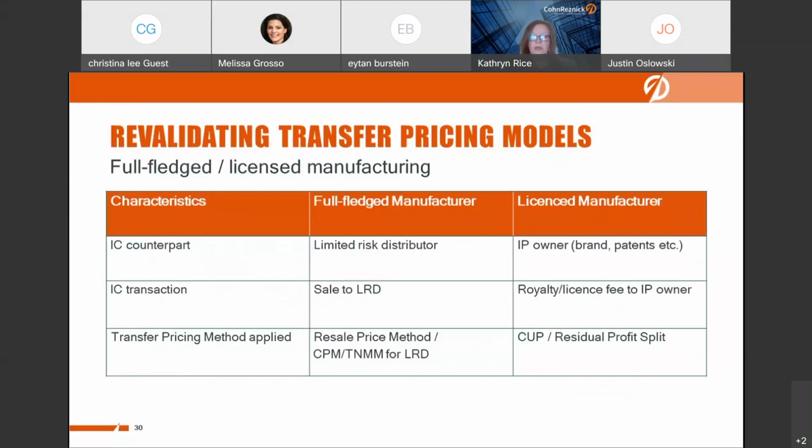Same thing here. Just again, thinking through the manufacturer and licensed manufacturer, LRDs, who owns the IP. There's some various transfer pricing methods that can be applied to justify profits and where they need to be.